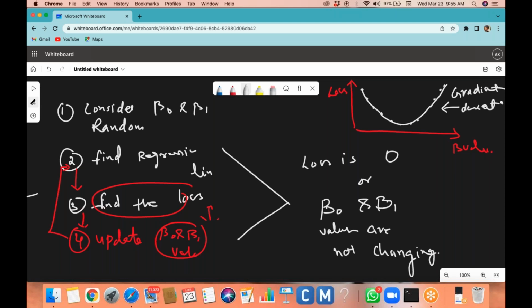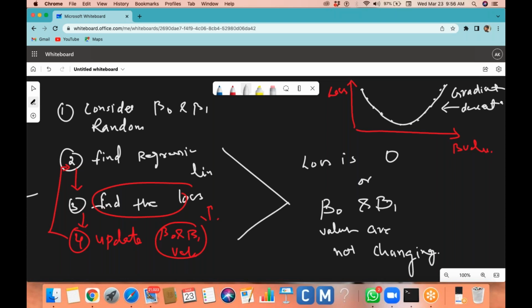If you find the loss, then what do you do now? You plot the loss value with respect to the beta values. After that, we update the beta naught and beta 1 values, the coefficient values.